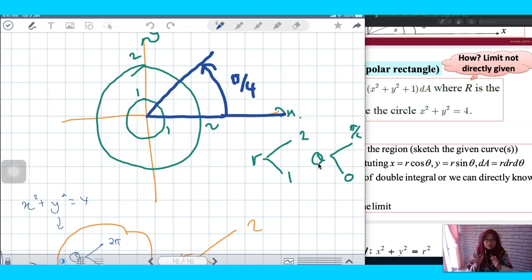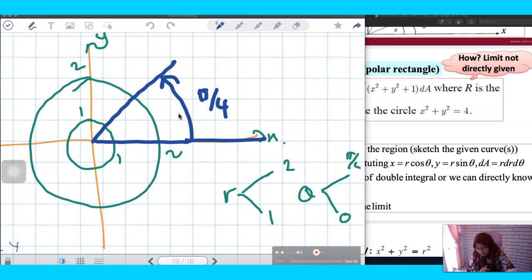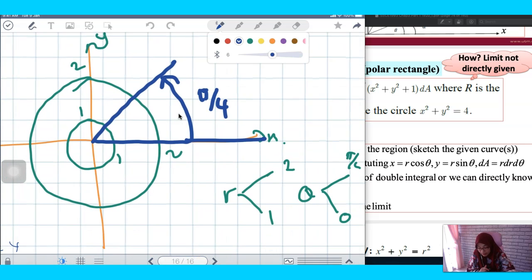So again, our region is bounded by the circle with radius 1, the circle with radius 2, the angle 0 and the angle 45 degrees. So please shade where the region should be. The region should be bounded by those four equations, so the possible region is lying inside here.